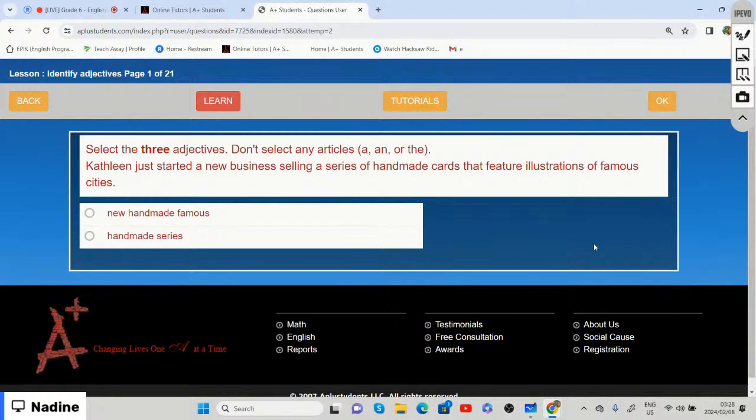So if we select the three adjectives, it says Kathleen just started a new business selling handmade cards that feature illustrations of famous cities.